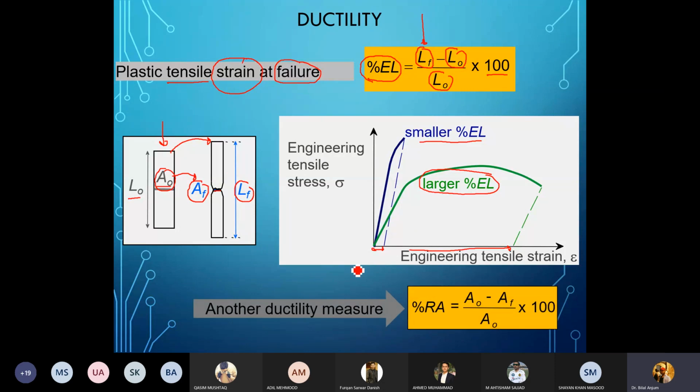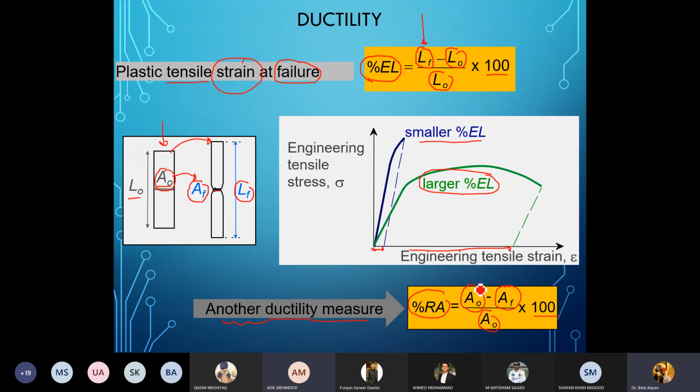So you could use another ductility measurement, which is percentage reduction in area, expressed as initial area minus final area divided by the initial area into 100%.